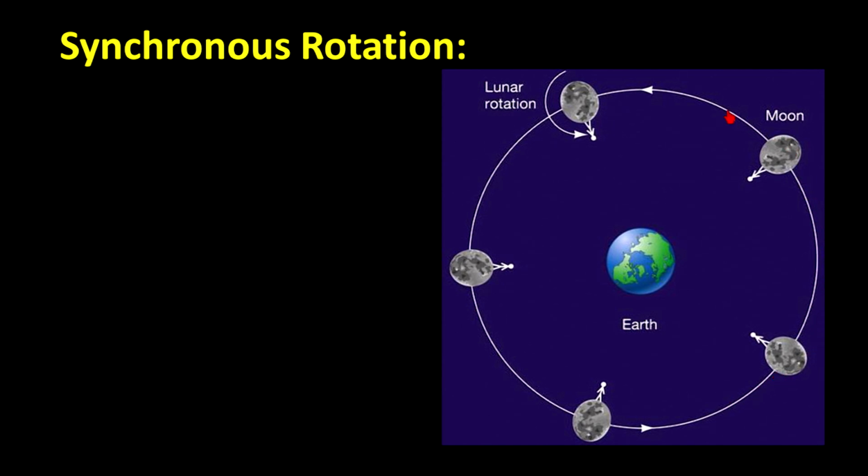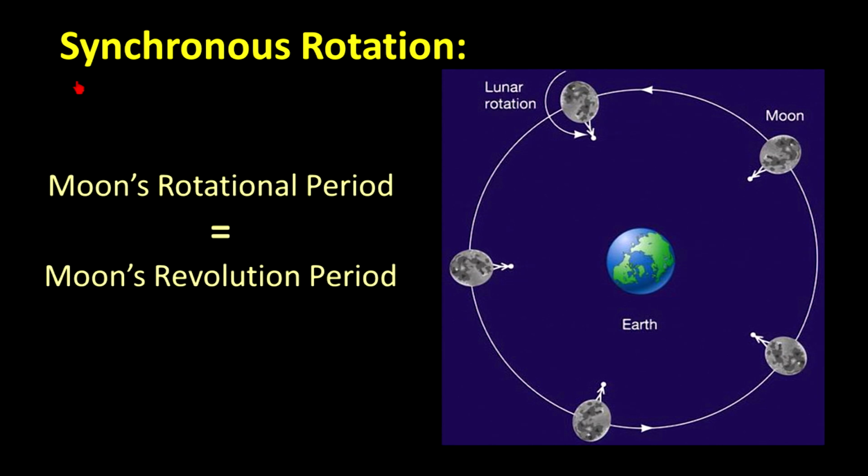But notice that the person will go back to the same sort of downward position only when the moon gets all the way back to where it started from. So the spin of the moon on its axis is synchronized with the orbit or the revolution of the moon around the Earth. And this is what we call synchronous rotation.